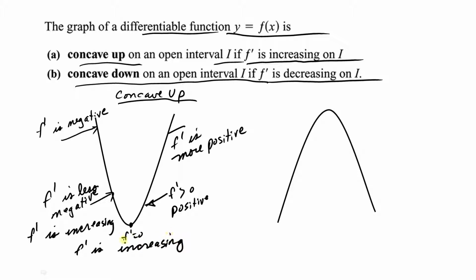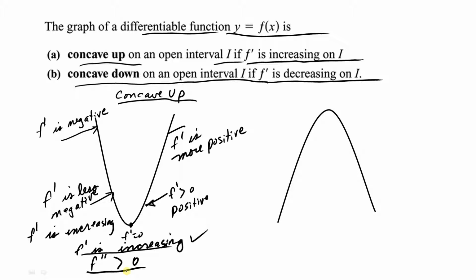And as we'll see in the statement on the next page, the second derivative then must be more than 0, because the second derivative is the derivative of the first derivative. So if f prime is increasing, the second derivative of f must be more than 0.